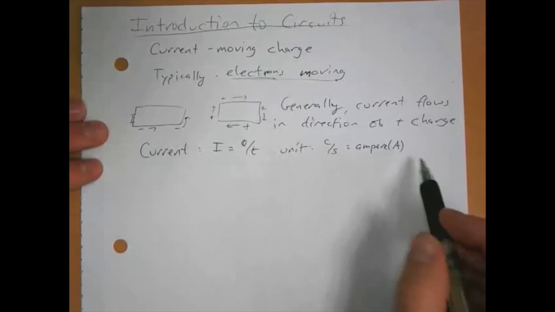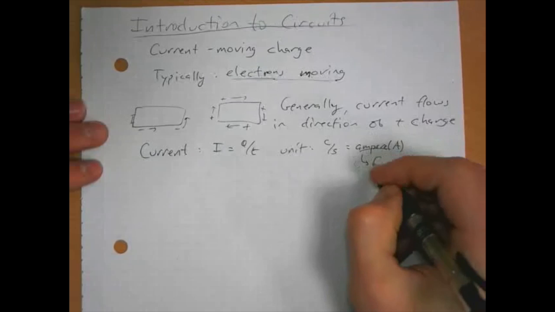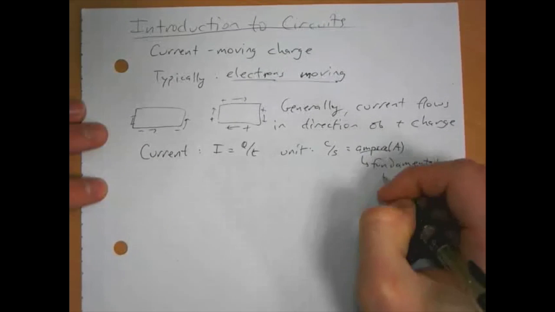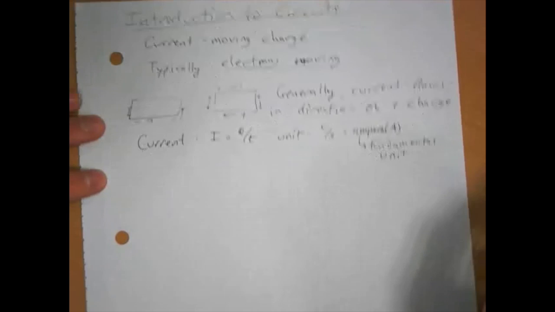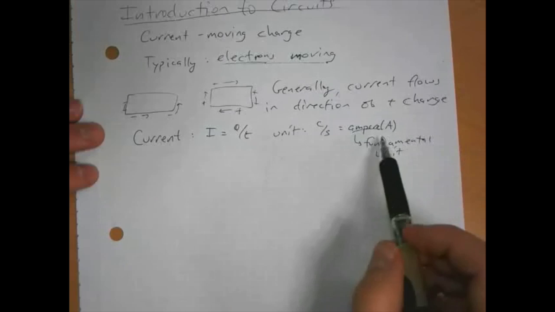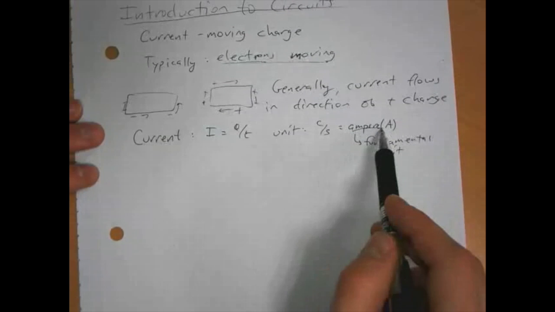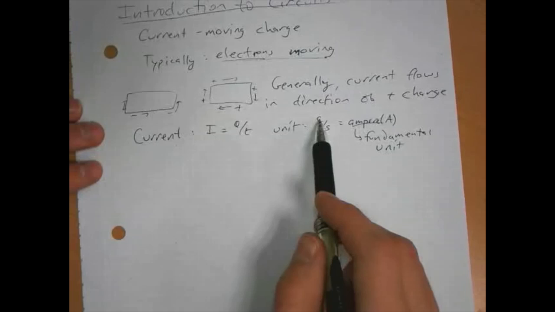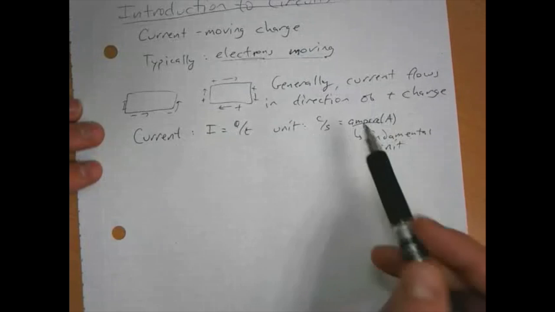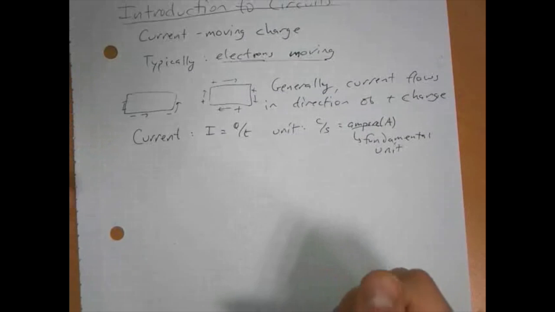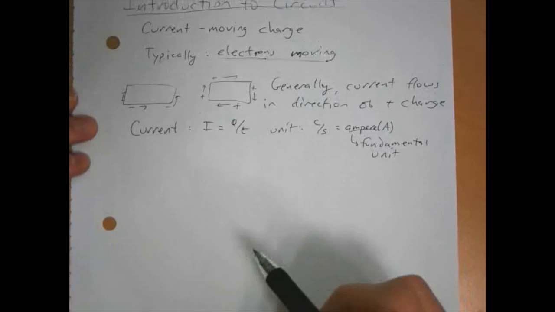And the ampere, for reasons that I cannot fathom, is considered a fundamental SI unit. I'm not really sure why they decided to make current the fundamental quantity. It makes more sense to me to make charge the fundamental quantity, coulombs, but in SI, amperes are defined to be the fundamental unit. That is what it is, and we'll accept it.